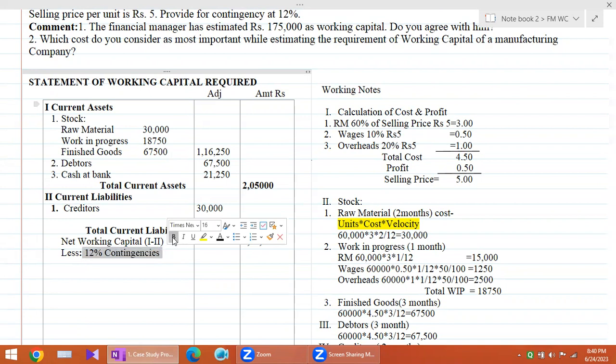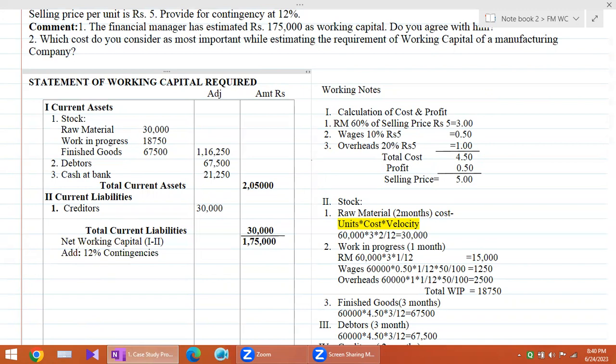See, the required amount of working capital, 1,75,000 is your net working capital. You have ascertained it as 1,75,000. But the required amount may be more than this. That's why on average you will have to add 12% more. Sorry, it's not less, it is added.